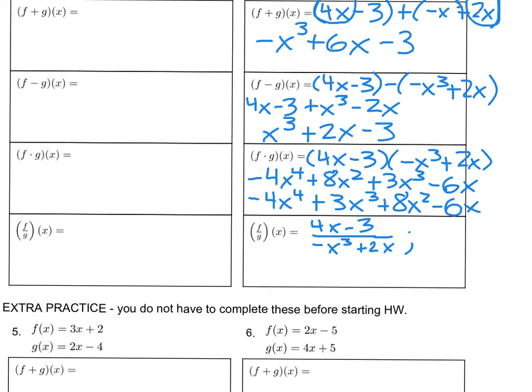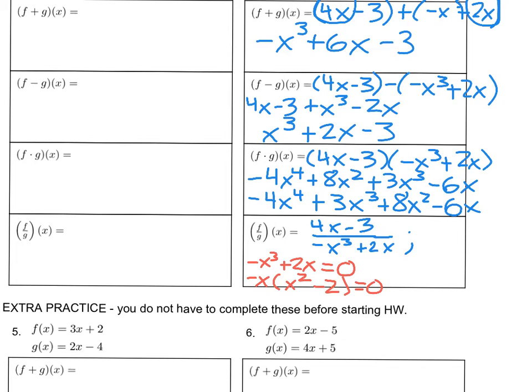So if I set the denominator equal to 0, and then solve that. So I can take out the GCF, which is, I'm going to take out a negative x. Then I have x squared minus 2.